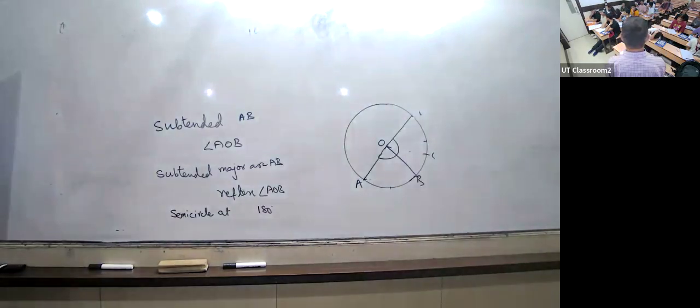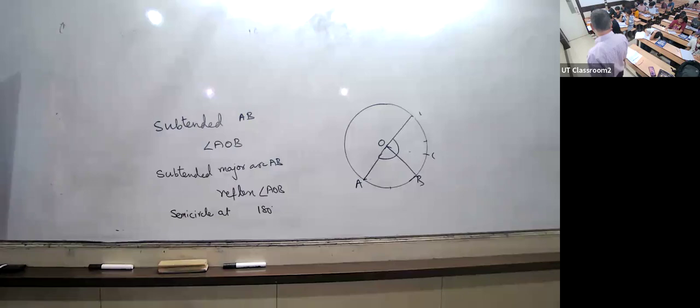Written. Concentric circles means circles with the same center. Next one.